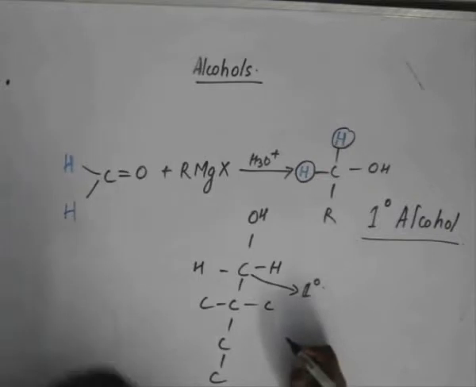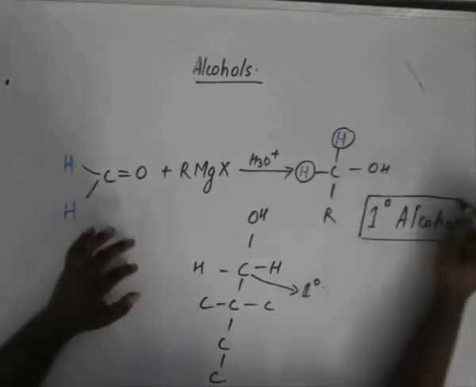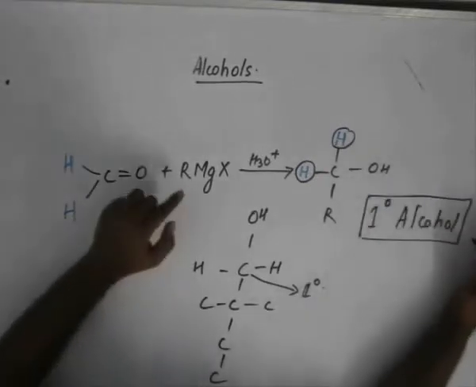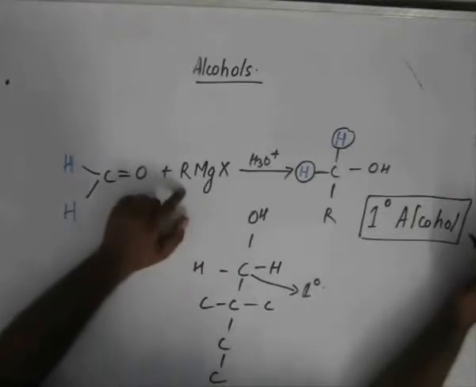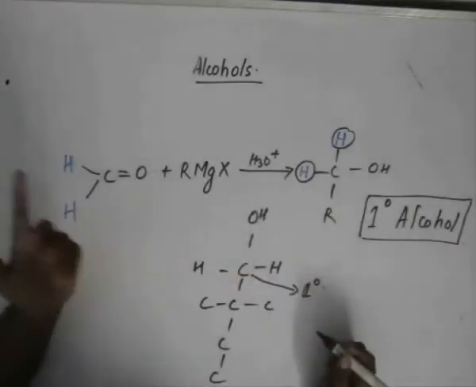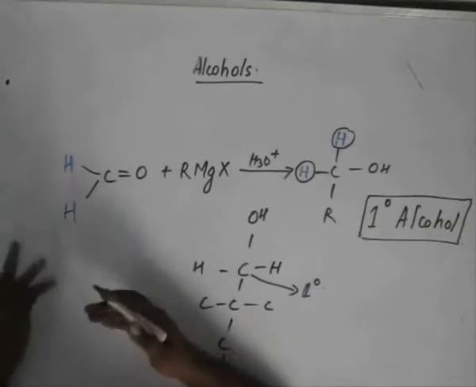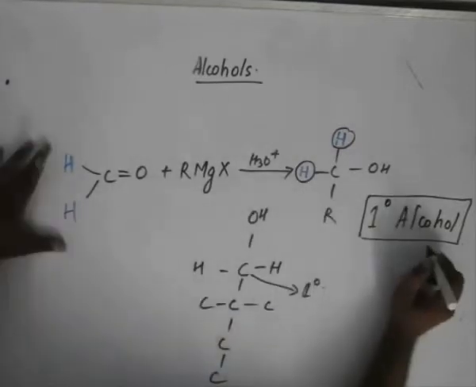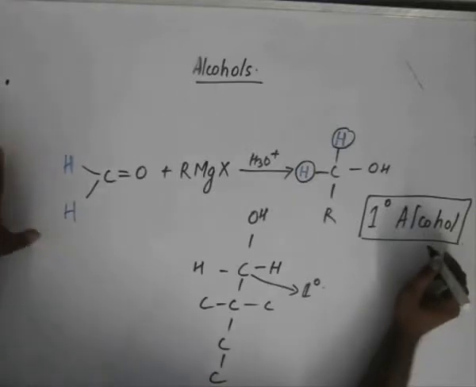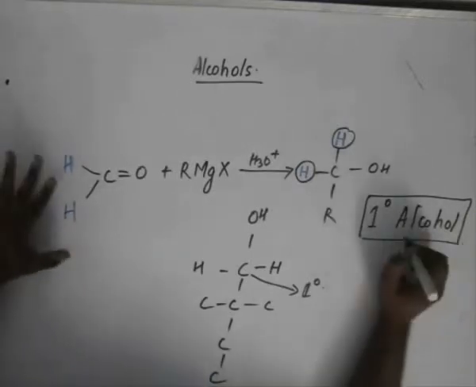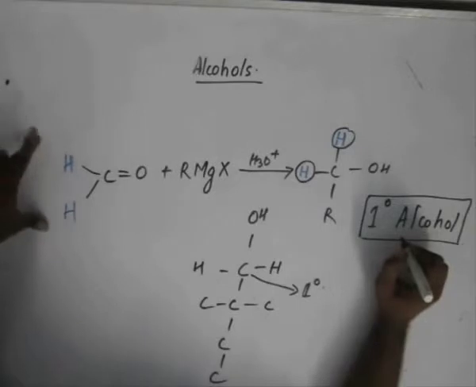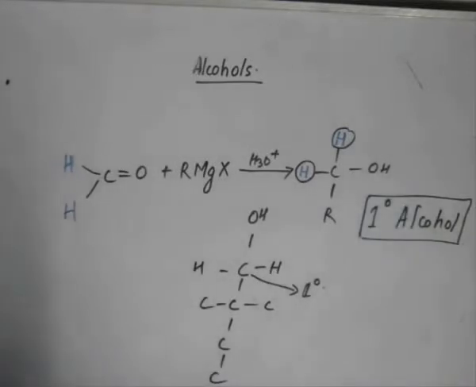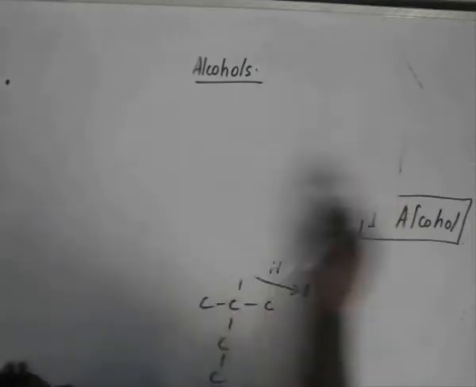So if we want to prepare a 1 degree alcohol, use whatever Grignard reagent you want to use, depending upon your priorities, depending upon the need of the question. But one thing is for sure, for preparing 1 degree alcohols, you have to use formaldehyde. Let this be very clear, that for preparing 1 degree alcohol, we need to have formaldehyde as our substrate. Okay, fine.